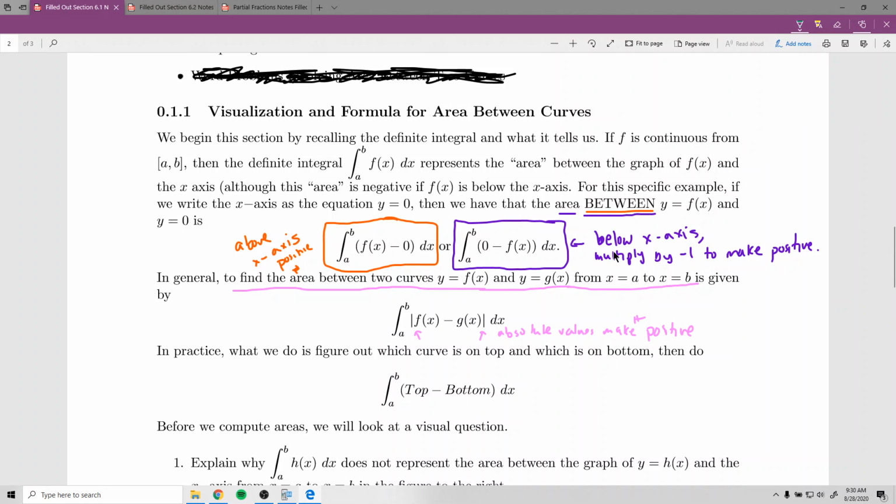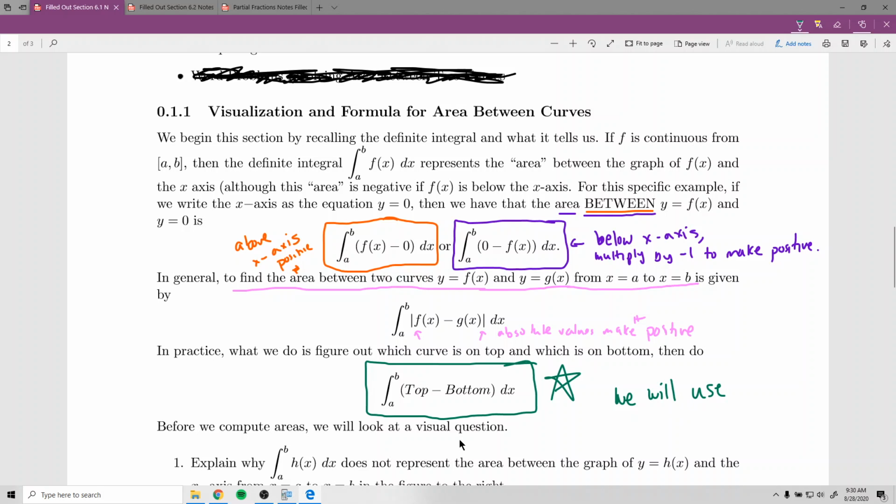But we haven't talked about integrating with an absolute value, and really it's not that nice to deal with, because you have to break apart your integrals and make multiple integrals and everything else. So there's an easier way to think about this, and this is what I'm really going to use. If you can know which curve is on the top and which is on the bottom, this is the one we will use.